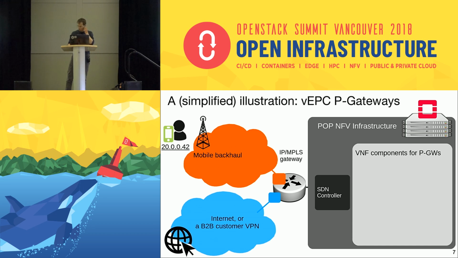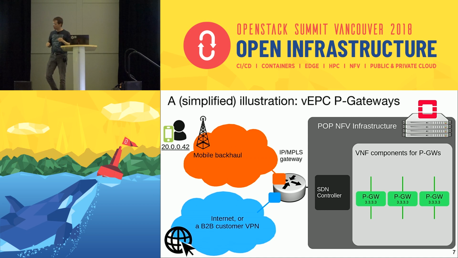So this is a simple example where we will have a few P gateways. A P gateway is a function that receives the traffic from the end users, from your smartphone, via tunneling that's done through the mobile backhaul in a protocol called GTP. The P gateway will decapsulate GTP, take your traffic, and give it to the other boxes that will process your traffic before it's sent to the internet.